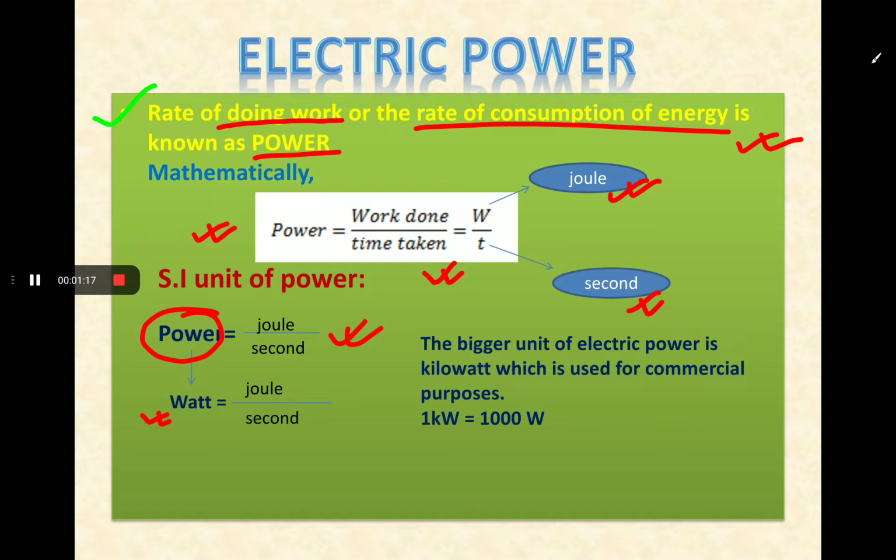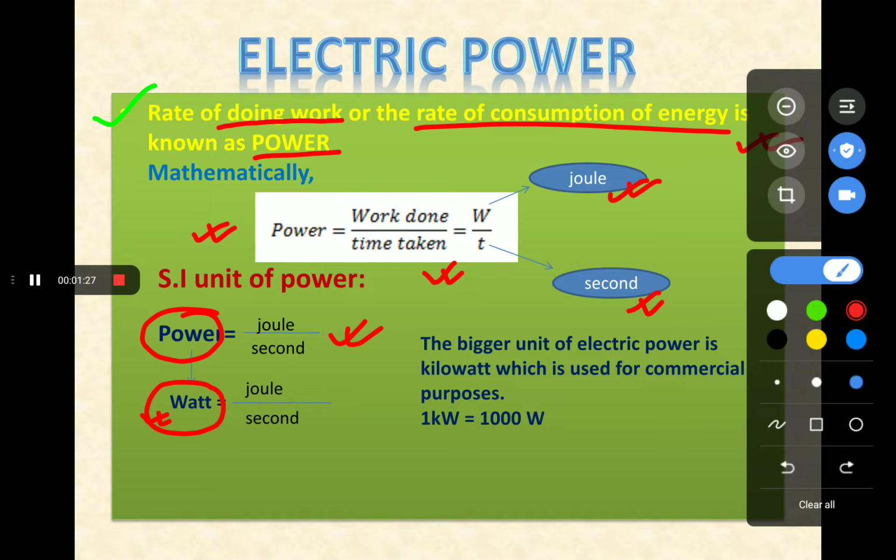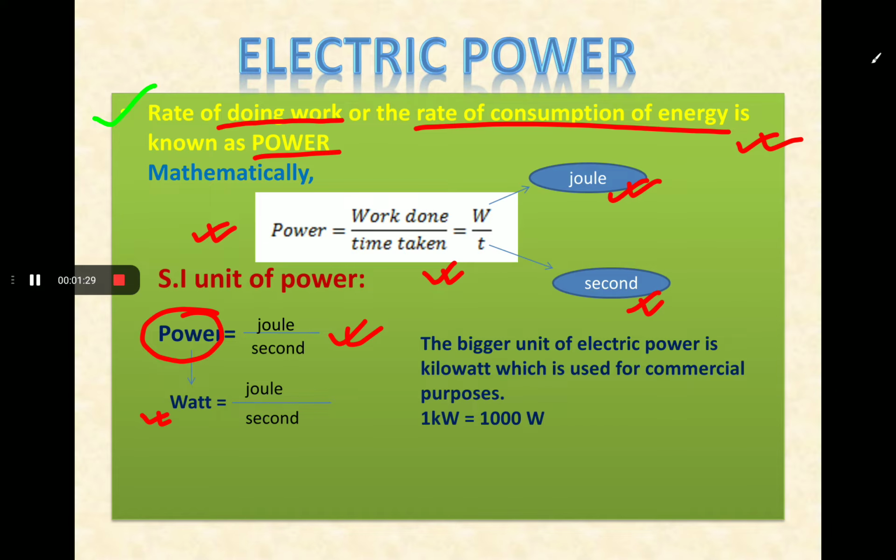This is written here, and joule per second is also the SI unit of power. So, this is the relation between watt, joule and second, because both are the SI unit of power.